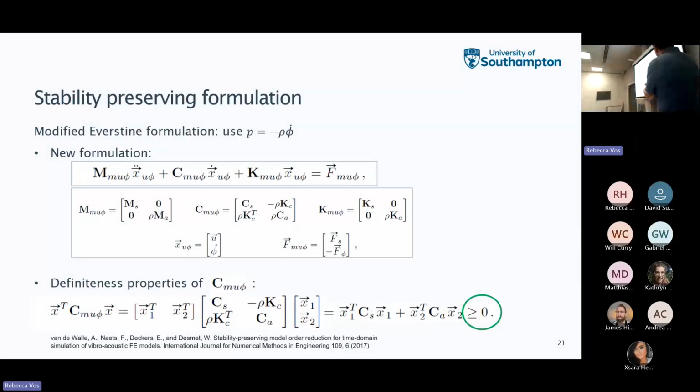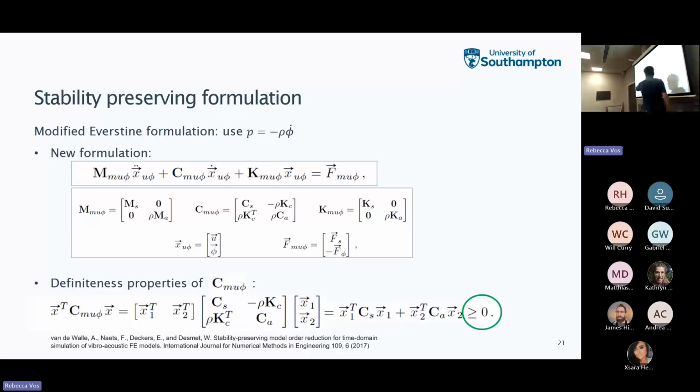So what did we do to solve it? We used a modified formulation. This modified formulation actually has symmetric matrices for M and K. That's the reason that this formulation does work while the other didn't.